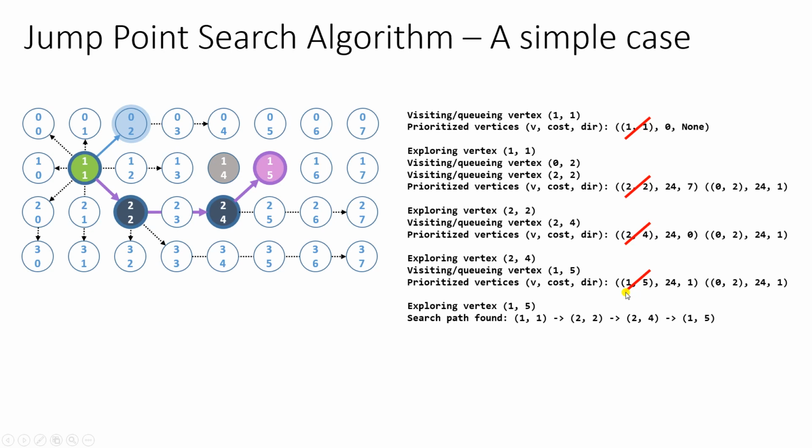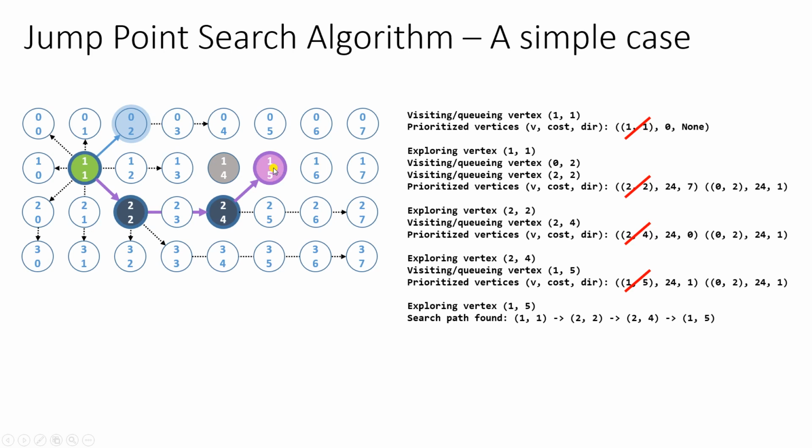It recognized vertex 1, 5 as our goal vertex, and it reconstructed the search path, and now we can see that our search path is 1, 1, 2, 2, 2, 4. Notice we've skipped this vertex 2, 3 because it was of no interest, so this is an improvement. Regarding the A-star algorithm, we skipped to the vertex 2, 4, and we have found the vertex 1, 5.